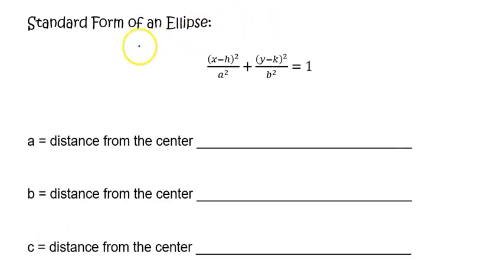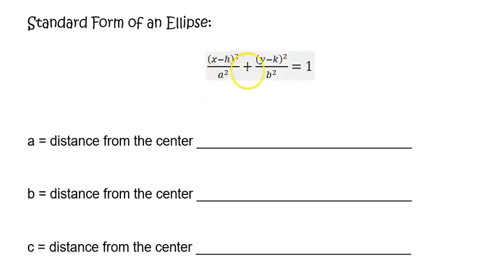Okay, so the next thing I want to talk about is the standard form of an ellipse. And in this case, you'll notice the top of it should remind you kind of the equation of a circle. You will have an x minus a number squared and a y minus a number squared, and those h and k will become your center, just like they would in the equation of a circle.